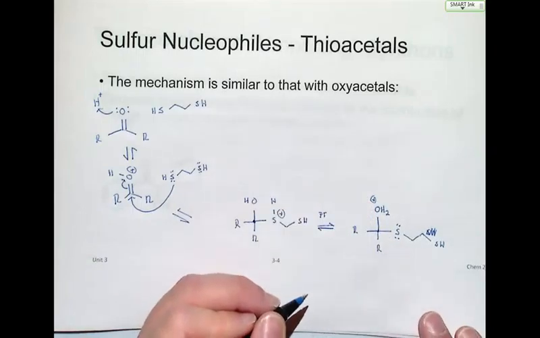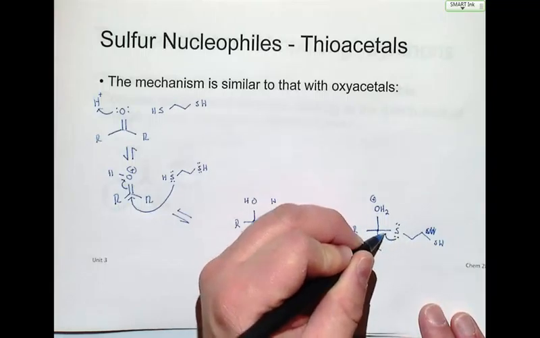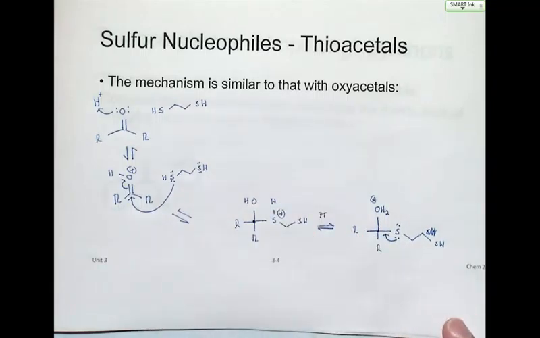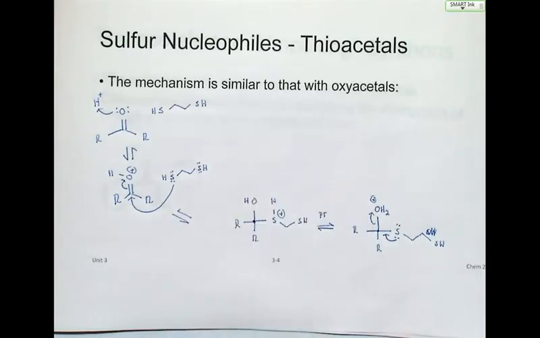And now we have water as a good leaving group, so we can cause it to leave by dropping down the electrons from sulfur, kicking off water.